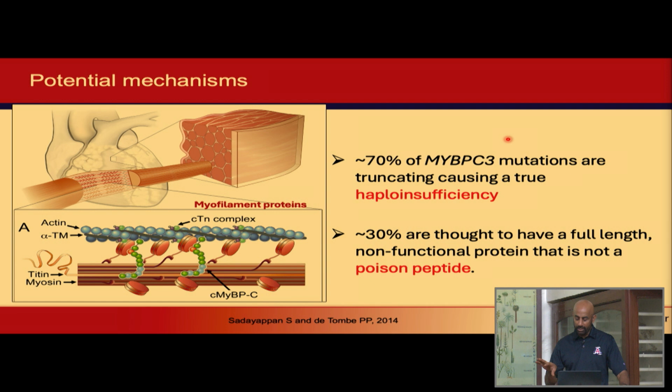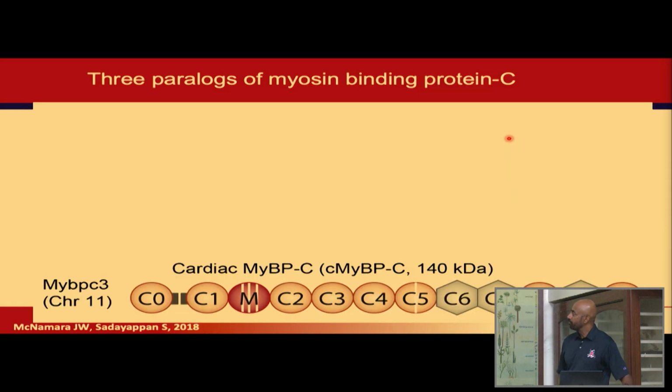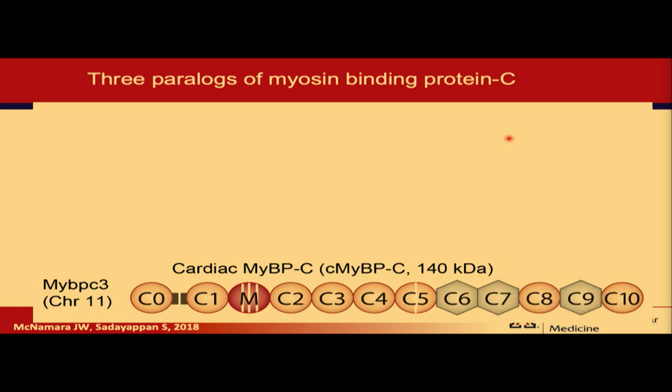So, now I am going into some background about what myosin binding protein C is and what the phenotype characteristics are. For myosin binding protein C, we have three different paralogs. Paralogs are not isoforms. Paralogs are unique genes. The protein comes from its own gene.